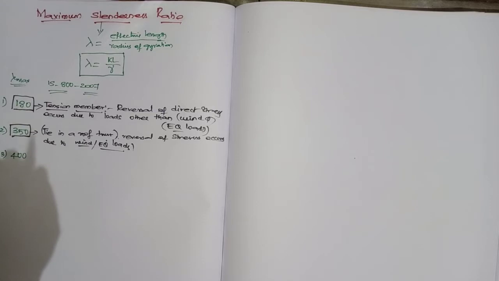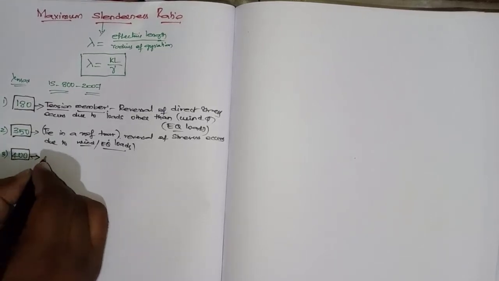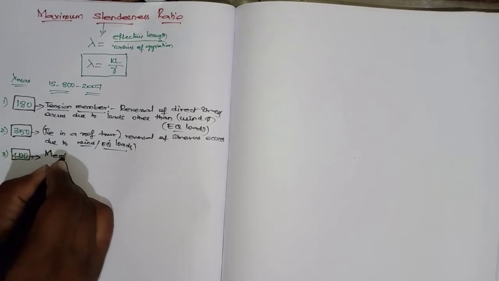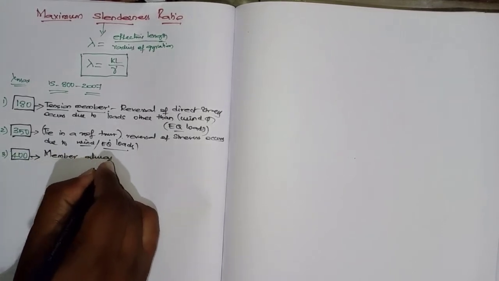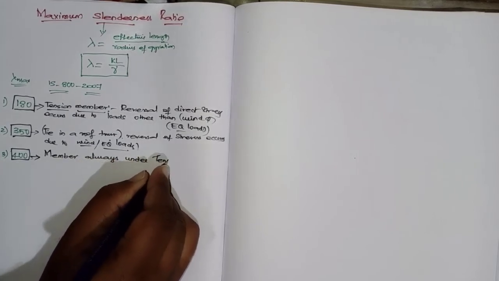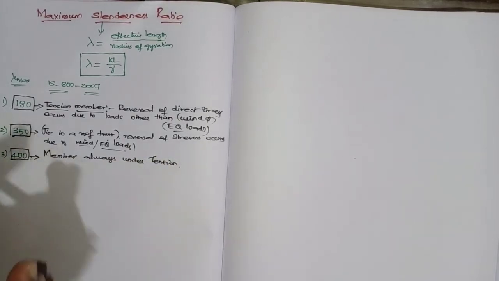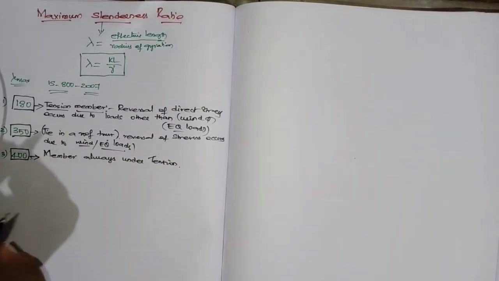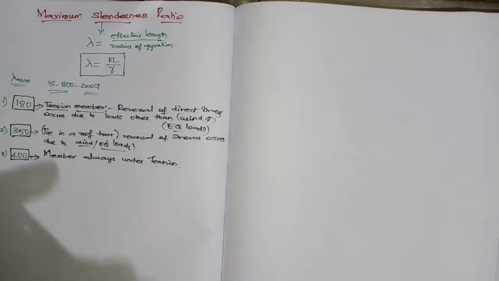Next, 400 is the maximum slenderness ratio for a member always under tension. A member which is always under tension has a maximum slenderness ratio of 400, which means no reversal of stresses will be occurring.